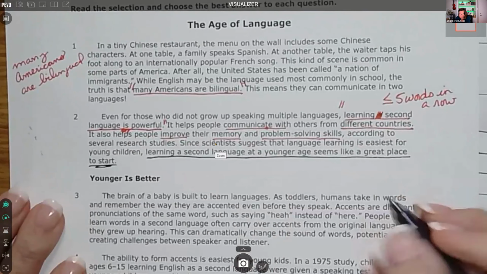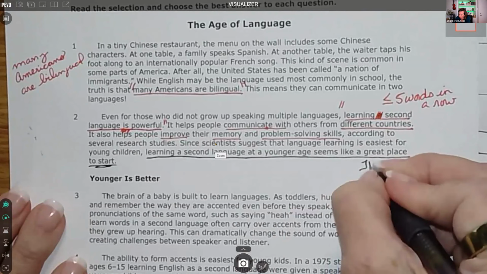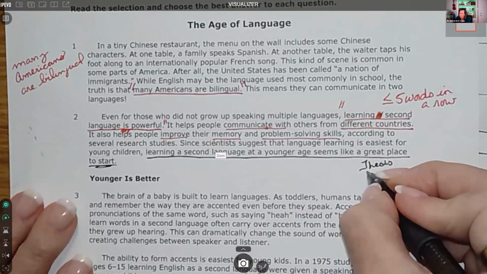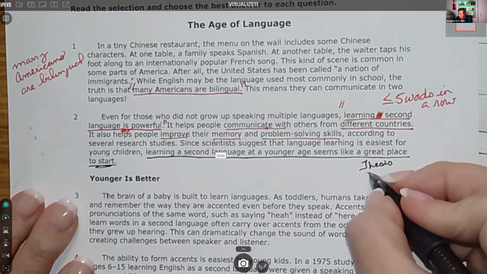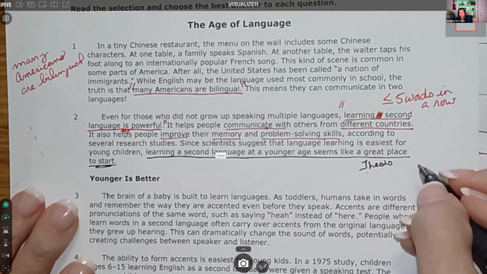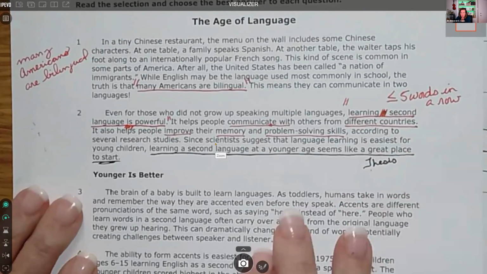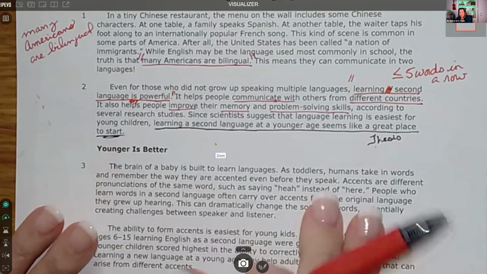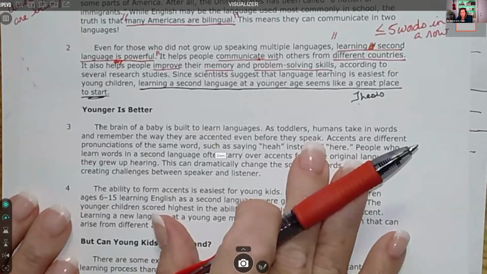This is the thesis, or the controlling, what the STAAR calls in middle school, the controlling idea. In elementary, they call it the central idea. So I'm teaching them how to read like a scholar.